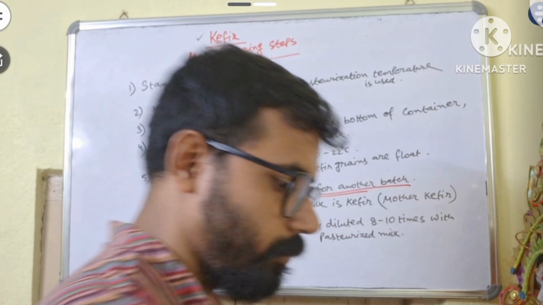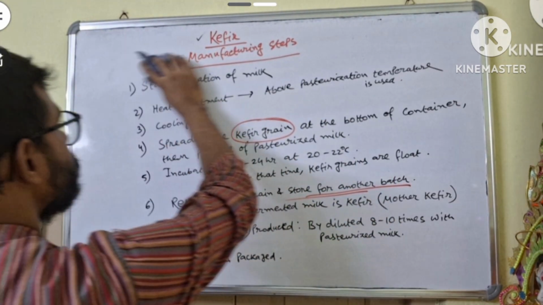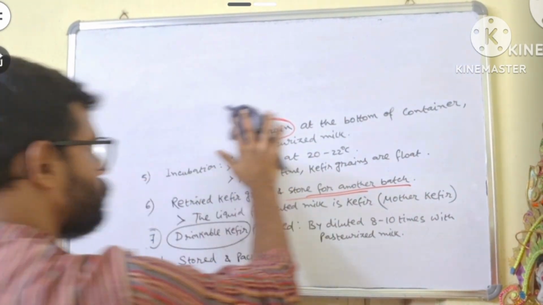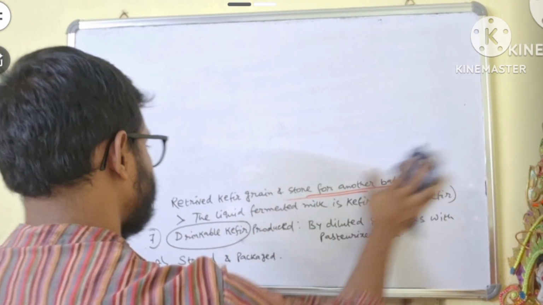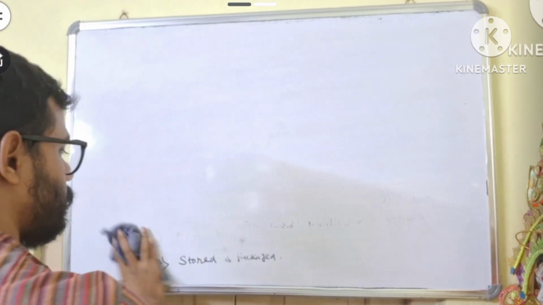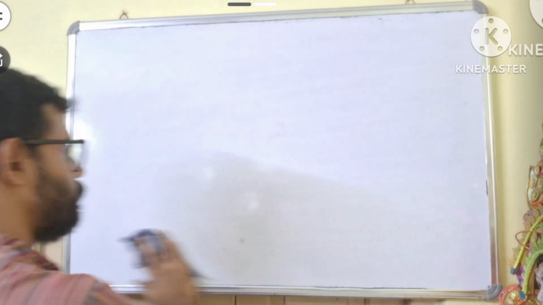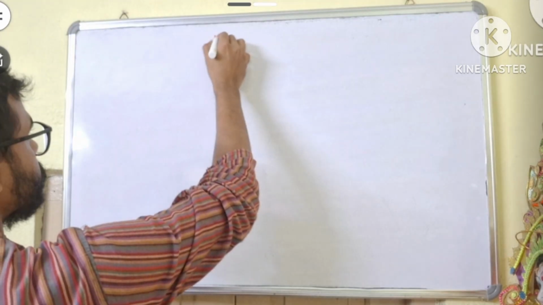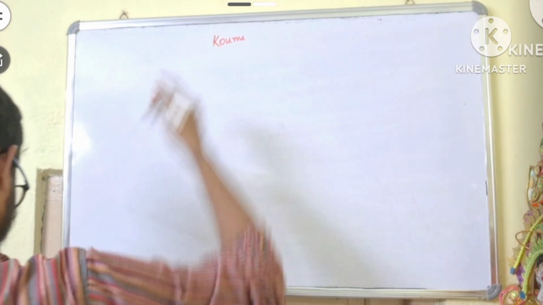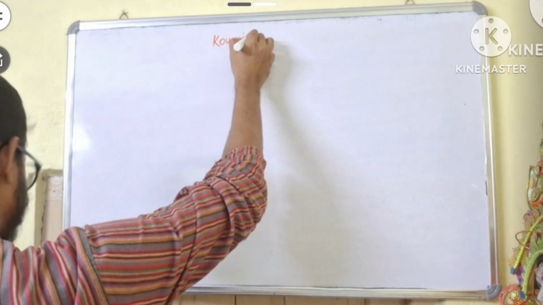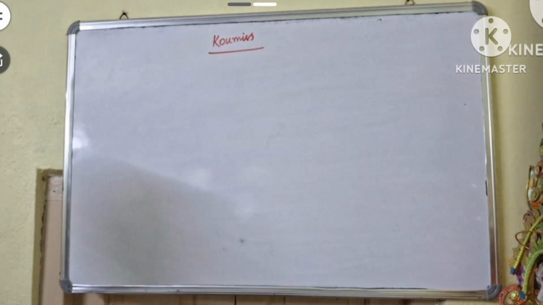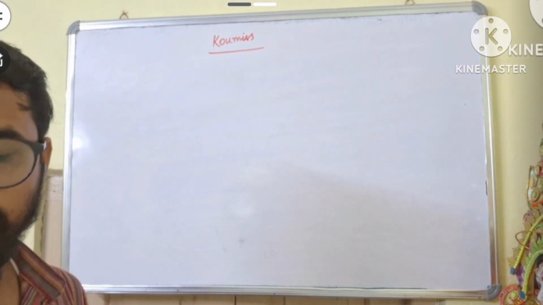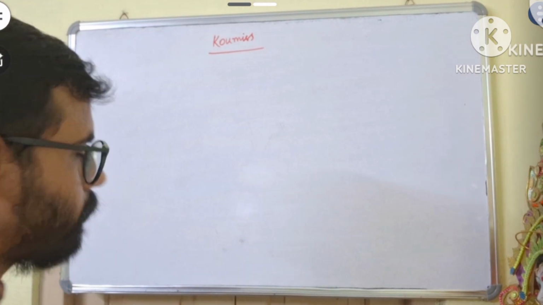Next product, Koumis. Here the raw material is unique. That's why the texture and flavor are also unique at the end.